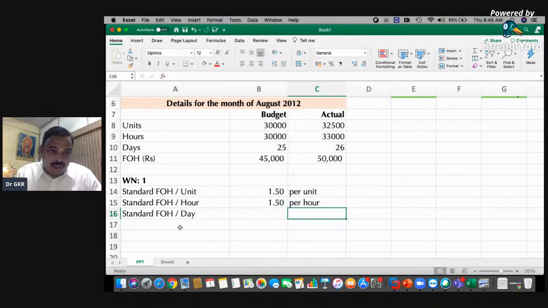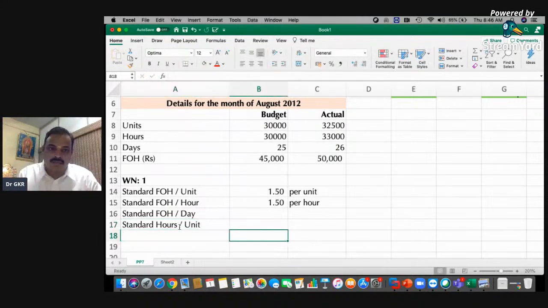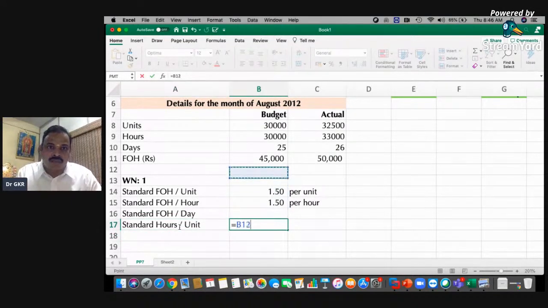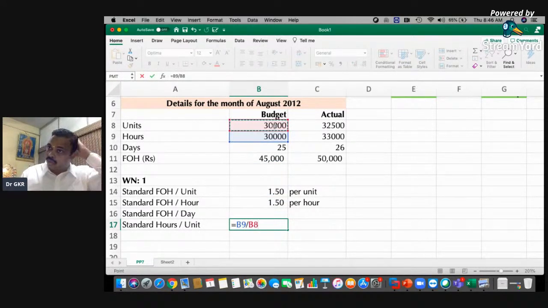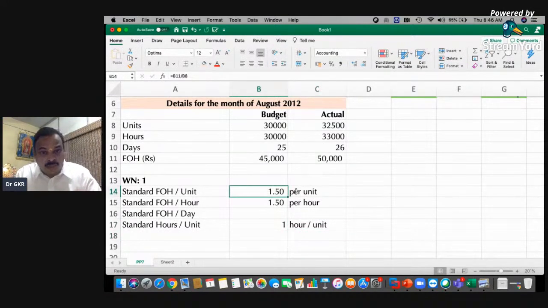Technically, what is your standard? I will call this standard hours per unit. Per unit, how many hours? Number of hours is 30,000. Number of units is 30,000. So 30,000 hours divided by 30,000 units means 1 hour per unit. 1.5 rupees per unit.